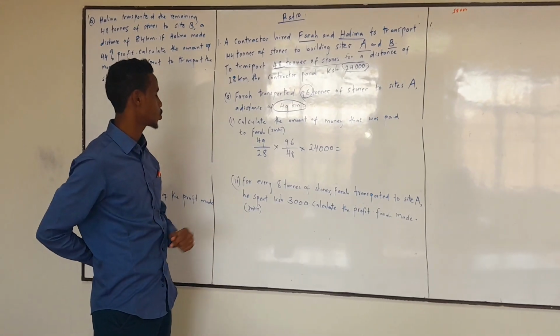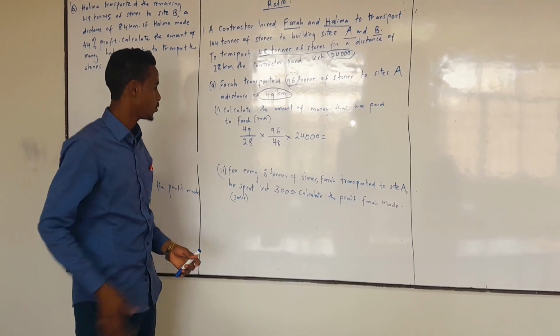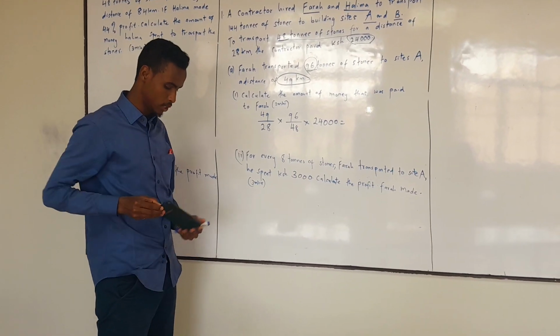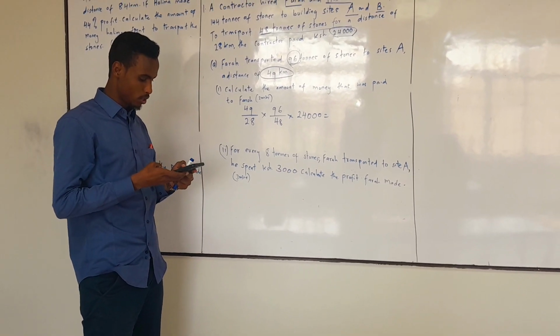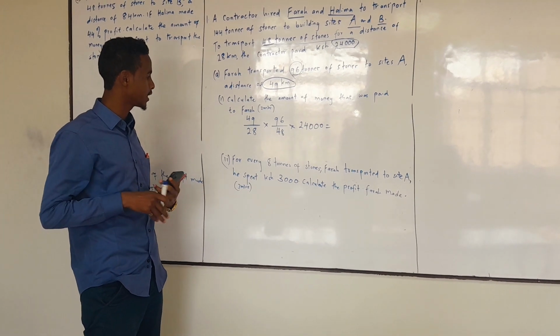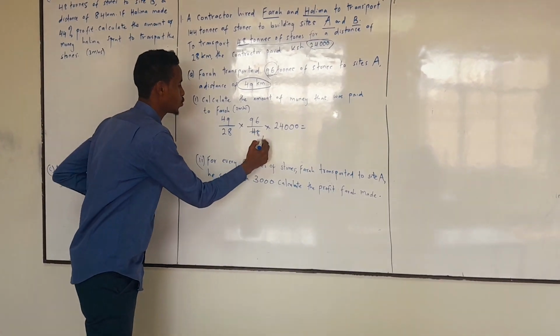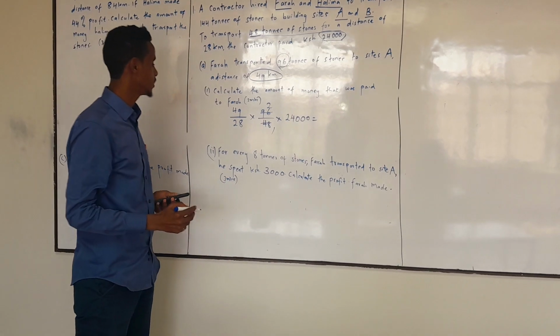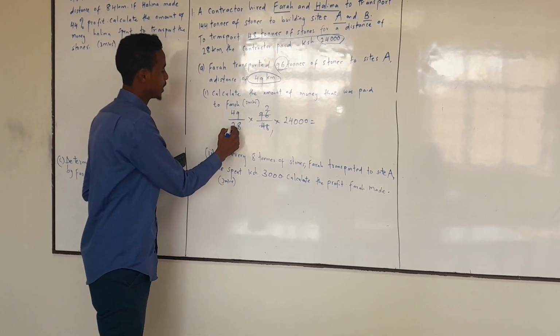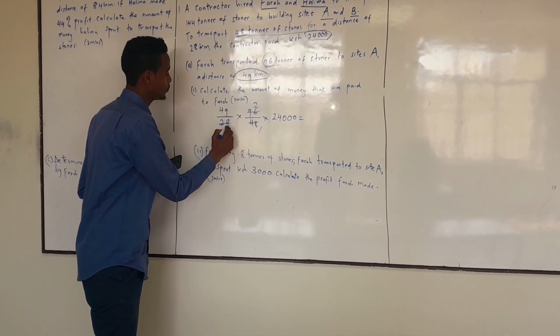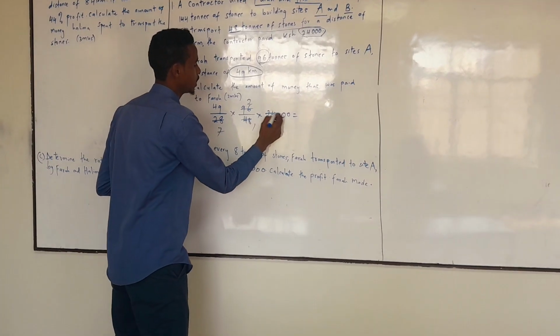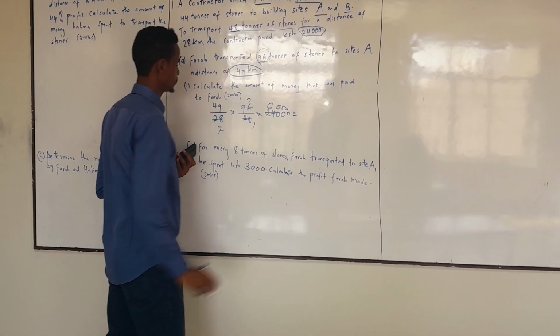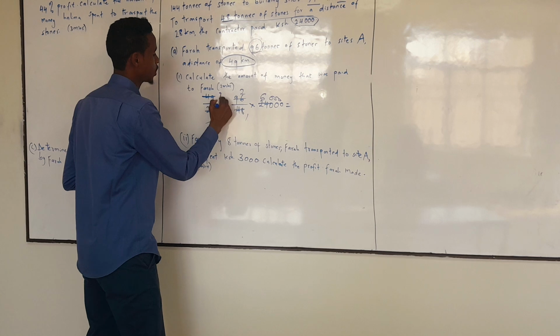Now let's calculate and see what we are getting. 48 goes into 48 once, and 48 goes into 96 twice. Then 4 goes into 24,000 six thousand times, and 7 goes into 49 seven times.